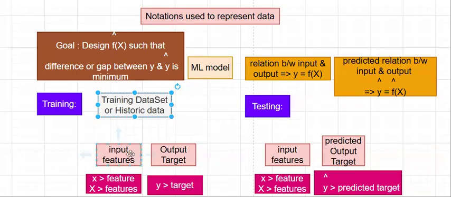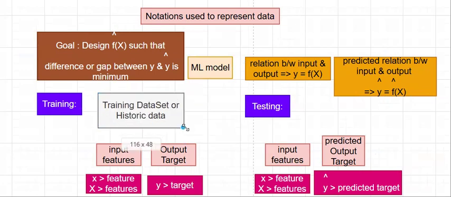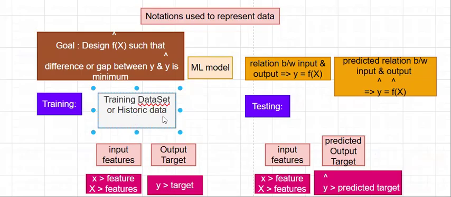Okay, we represented the input features, output features, predicted output and predicted relation, and we even discussed the goal. Now let's also discuss how the training data set or historic data set will look. That data set we represent by using capital D, where this historic data set or training data set must contain the input features, that is capital X or small x.